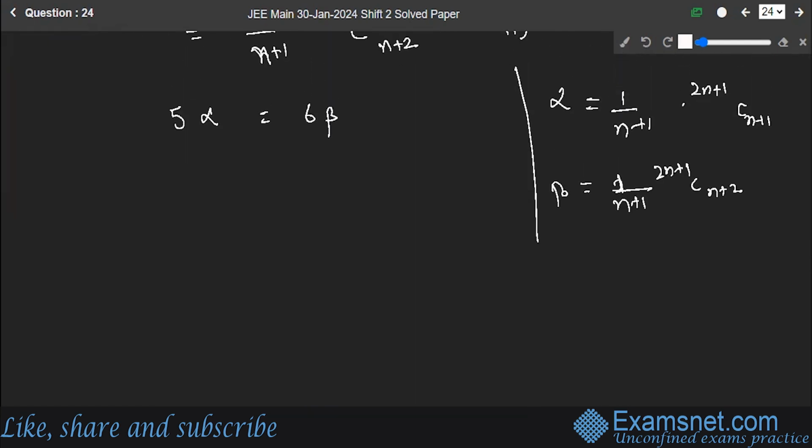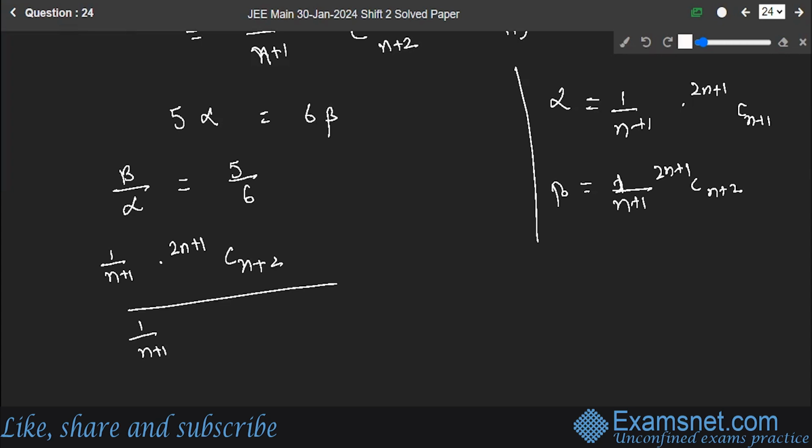Okay. Right. So if I say beta upon alpha, that will be easier. Beta upon alpha is equal to 5 upon 6. What is beta? 1 by (n plus 1) into 2n plus 1 C n plus 2, whole divided by 1 upon (n plus 1) into 2n plus 1 C n plus 1, is equal to 5 by 6.